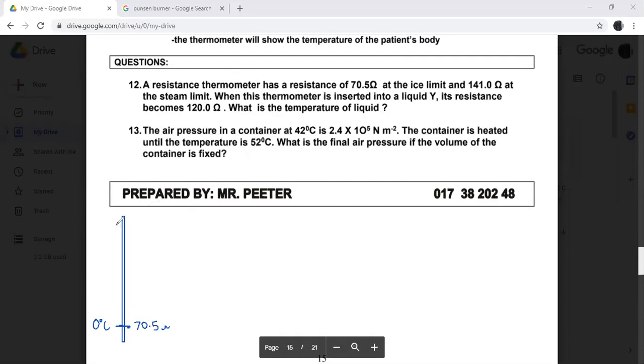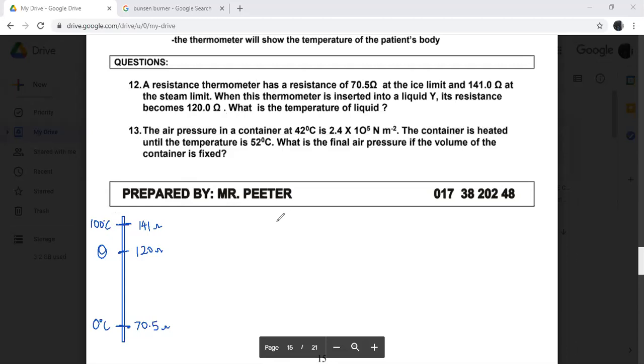At the steam limit, which should be 100 degrees Celsius, the resistance shows 141 ohms. And now it is in a liquid called liquid Y with a resistance of 120 ohms. What should be the temperature?